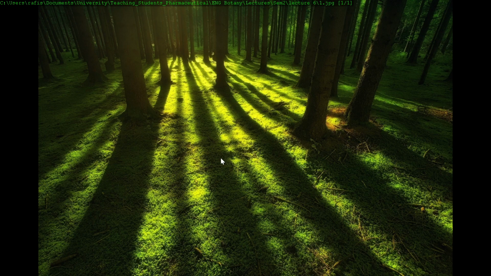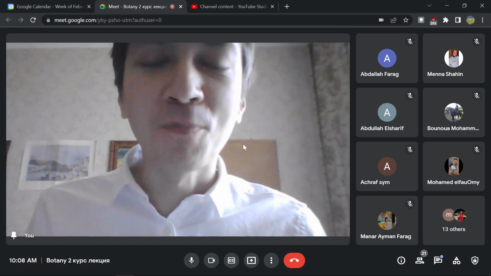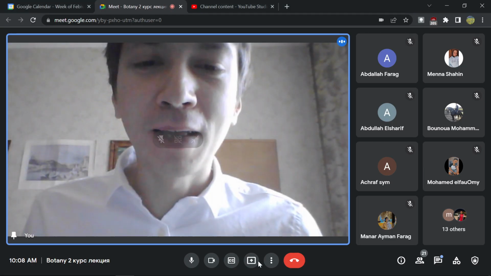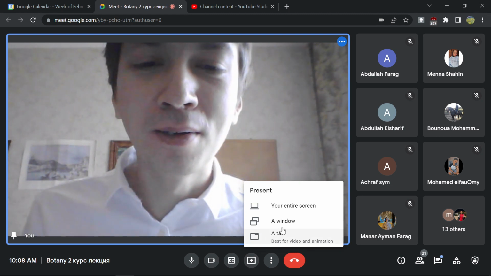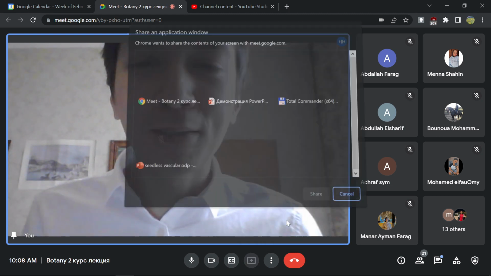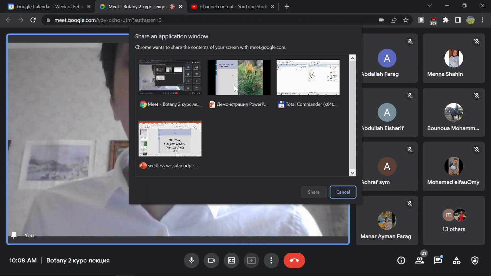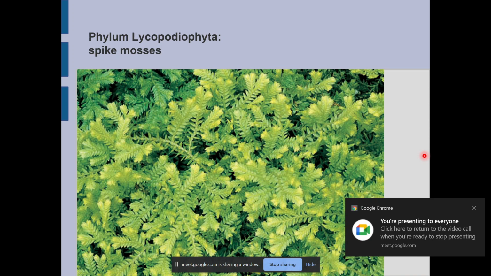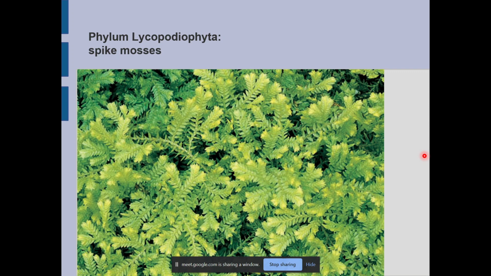These plants have the same structure, and then spike mosses are also in the same phylum, Lycopodiophyta.